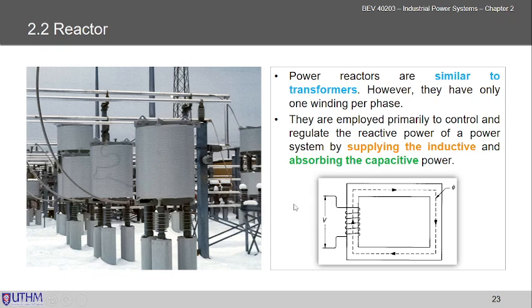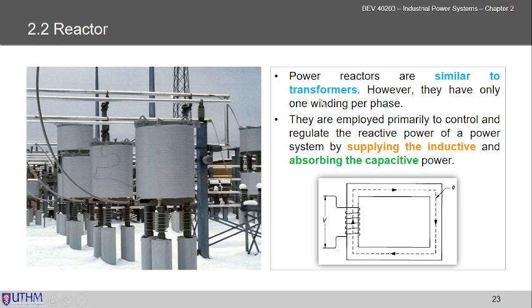Now we explore the reactor. So what is the reactor? Reactor actually is the inductor. You can find this in distribution stations and distribution substations. You can easily find these, and these are the reactors.